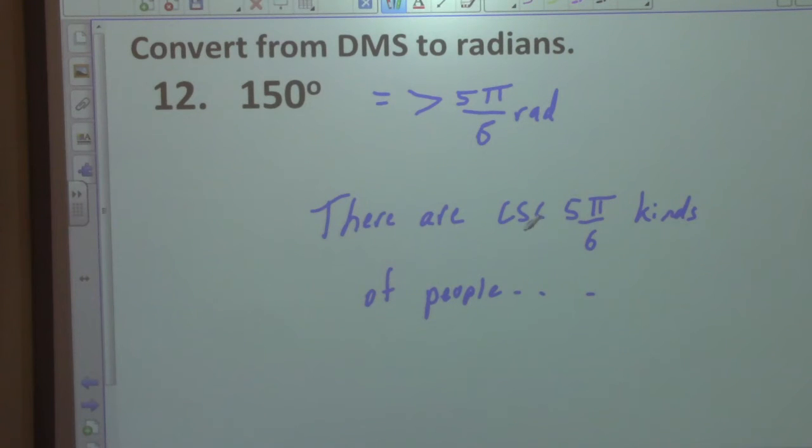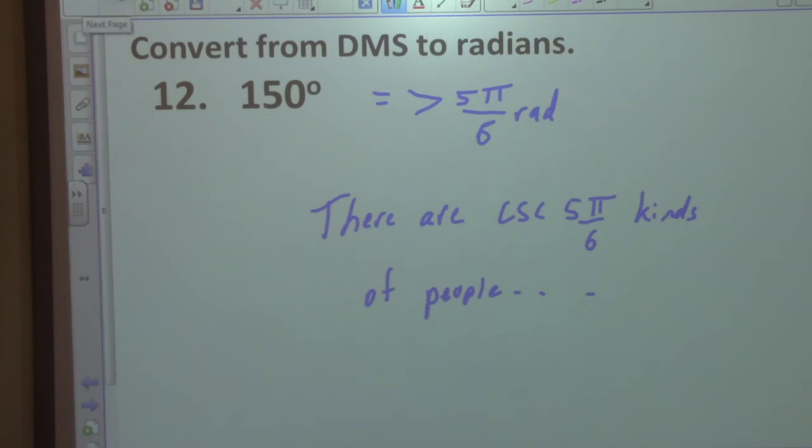Well, that means there are cosecant 5 pi over 6 kinds of people in the world. Of course, the answer to that is those who understand trigonometry and those who don't. How many is that? 2. Okay. That's 2 in a kind of a funky trigonometry language way of saying 2. And we're going to get to that.